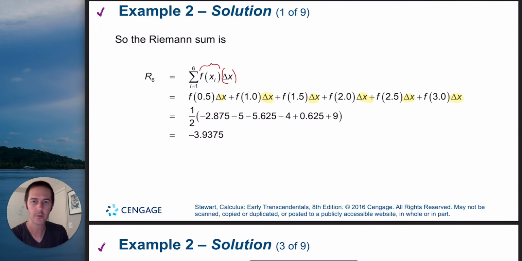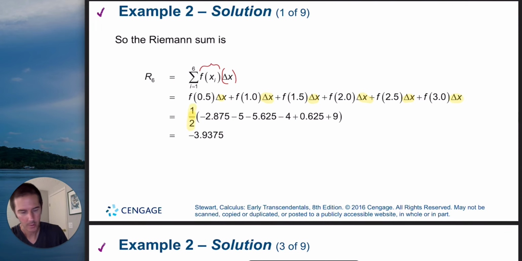In all 6 terms, we have that multiple of 1/2, so it's been factored out. And then in the parentheses, we are adding together all of the y values that were generated by f of 0.5, f of 1.0, f of 1.5, and so on. We do all that arithmetic, then we multiply it by 1/2, and we get a negative number.